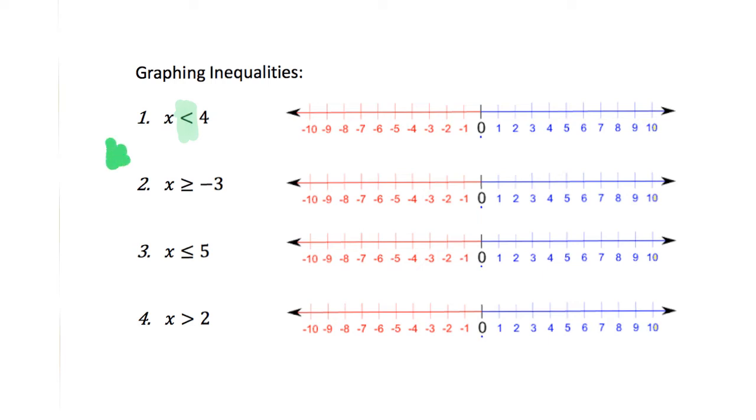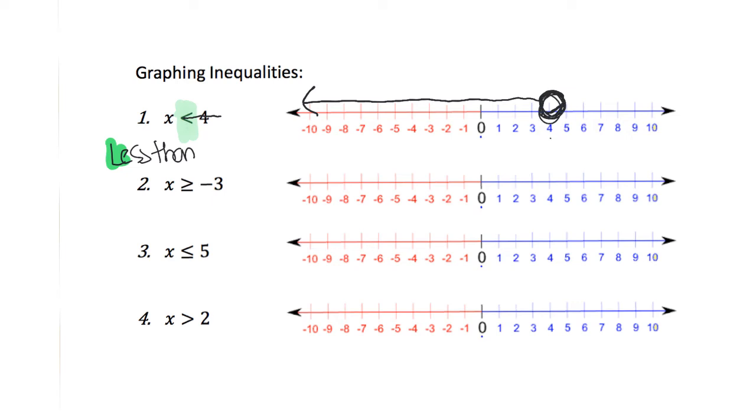It's a less than inequality, which tells me that I have an open circle at 4, and the less than, remember we just extend an arrow out, so it tells me I'm drawing an arrow to the left, and that's what my graph's going to look like. So it's less than, so that tells me it's an open circle.